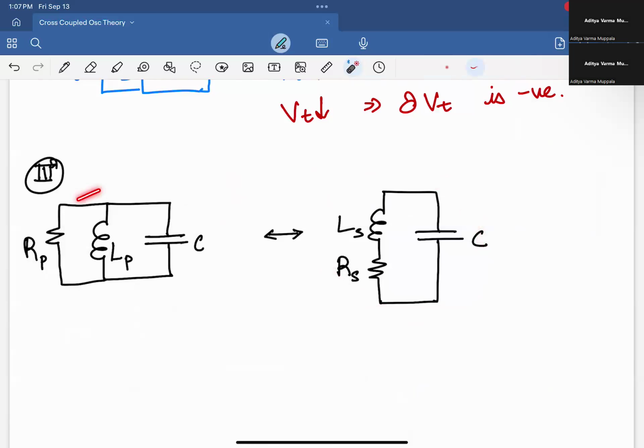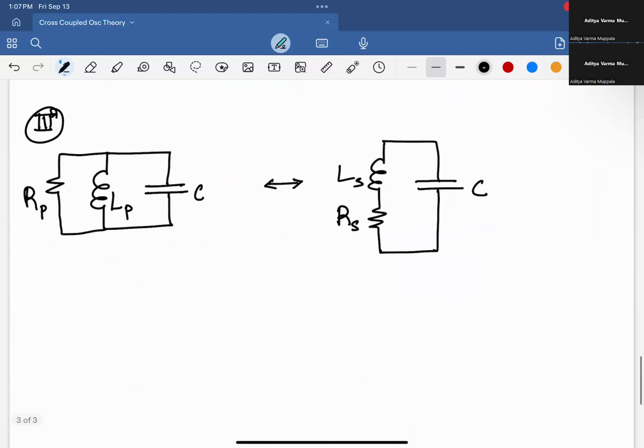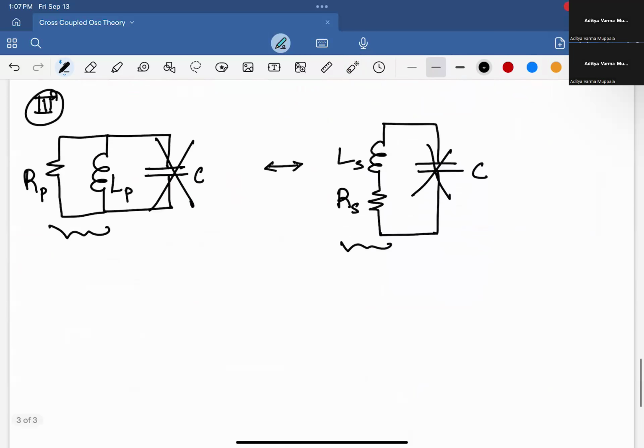This one is a real model, and we want to find an equivalent model like this so we can place a parallel negative resistance to cancel out this guy, right? To do an equivalent model, all we need to do is basically equate these two, right? And since the C part is the same, it doesn't matter. So all we need to do is to say that this parallel combination impedance is equal to this series combination impedance, right?